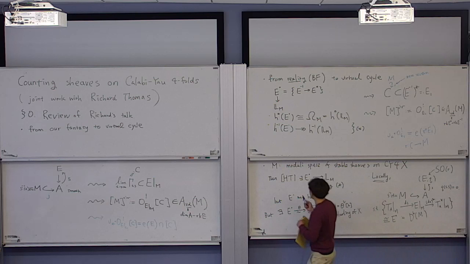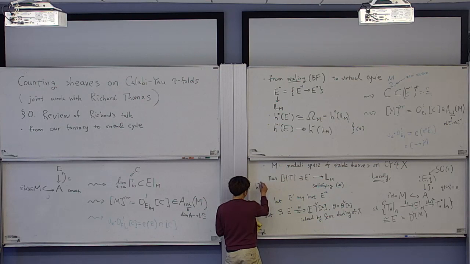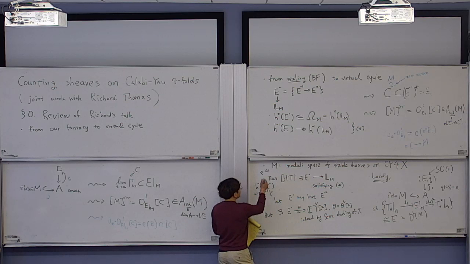Yesterday Richard explained the cohomology of this. This is X, I plus 1 of, let's say, at some point F, which is a sheaf on X, maybe.